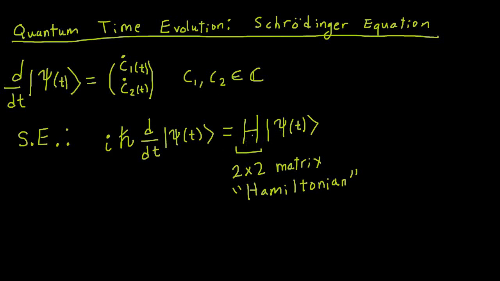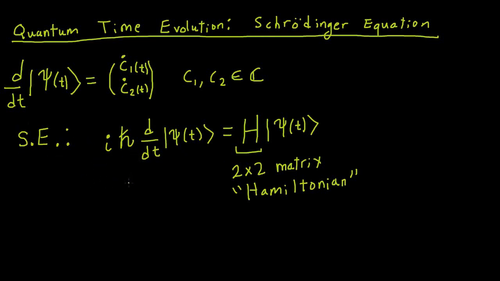But instead of just telling you what H is, I want us to look at this equation and see if we can make an educated guess ourselves for what H is. So let's start by looking at the left part of the equation. Here we have this i, and that's pretty interesting, and there's a good reason for that to be there, but we won't really talk about that right now.